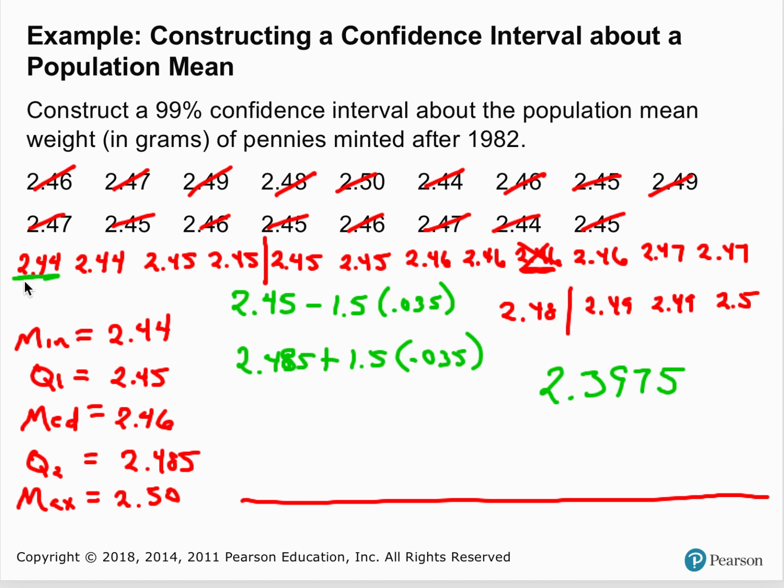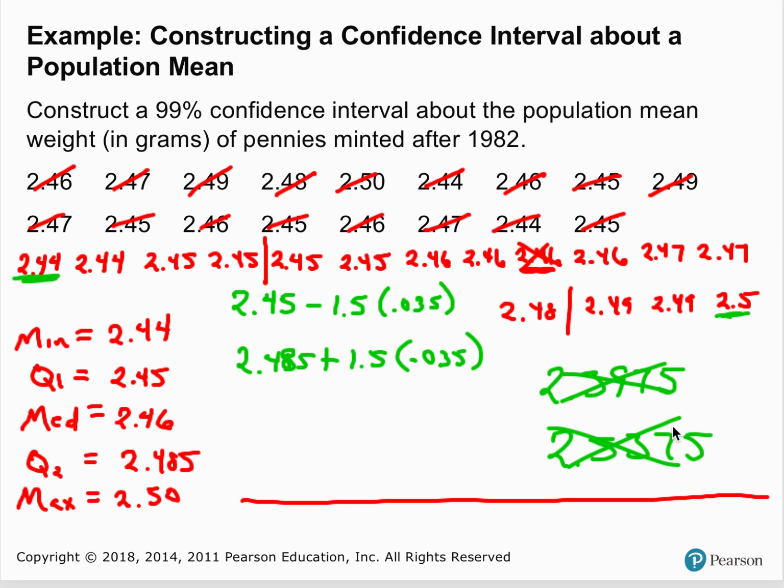Okay, no outliers in that direction. 2.485 plus 1.5 times 0.035 is 2.5375. Largest value, no outliers in that direction. Okay?